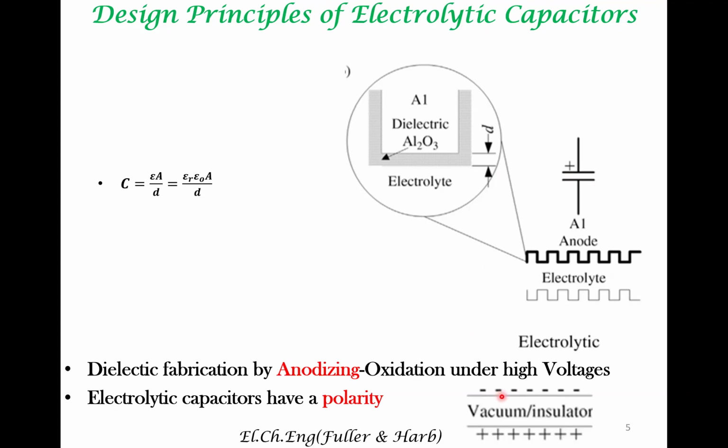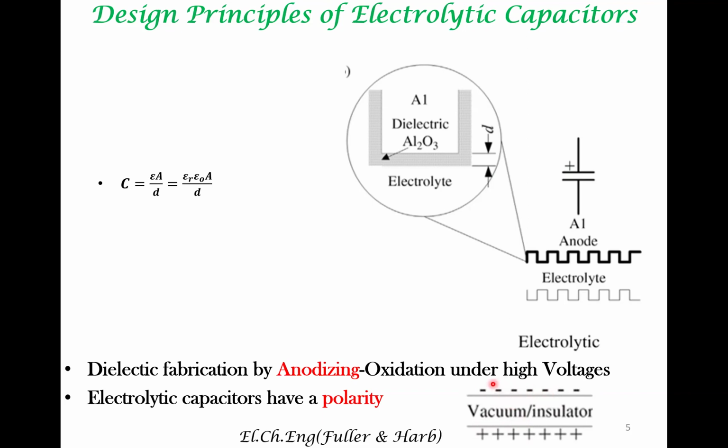As opposed to this, the conventional electrostatic capacitor didn't have a polarity. While you say that this is the negative polarity of this capacitor, you can switch. This is also a metal plate. This is also a metal plate. They are not typically compositionally different.